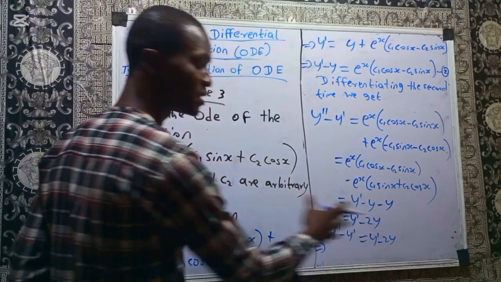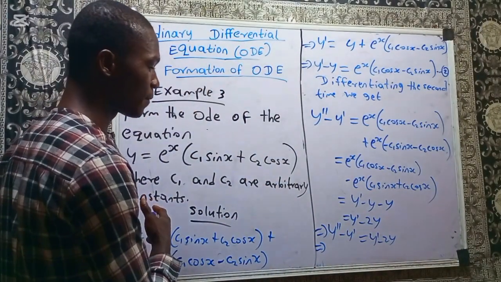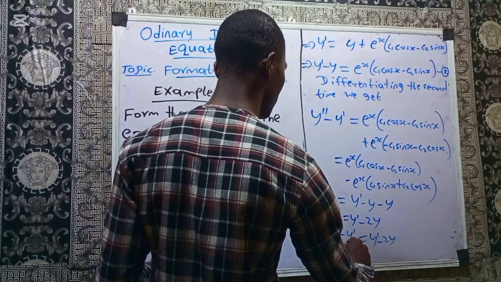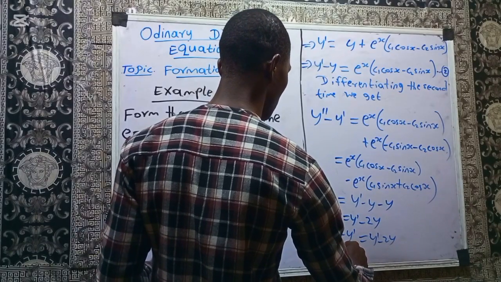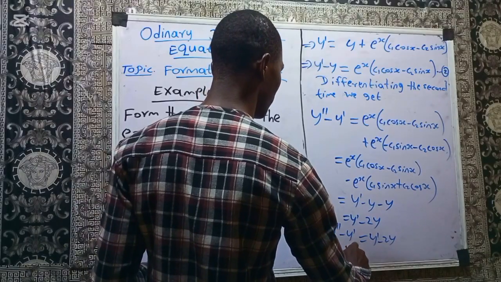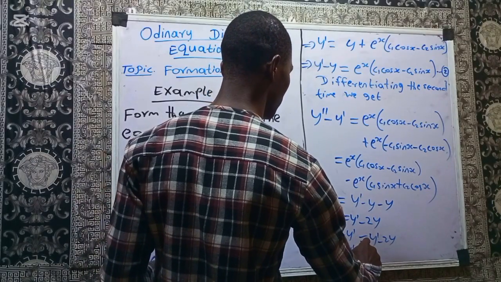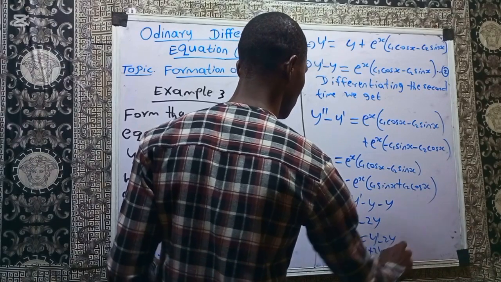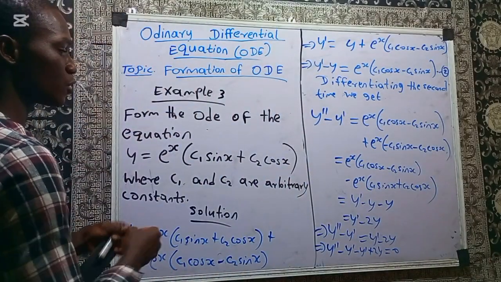We collect everything to the left hand side. So we now have y prime minus y prime plus 2y equal to 0. That's what you will now have.